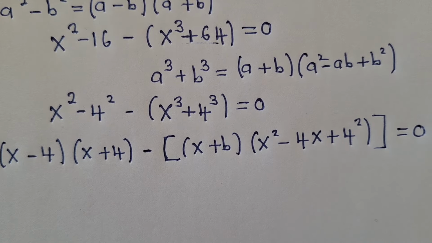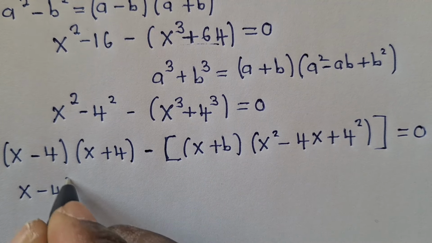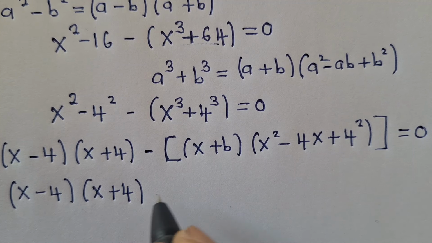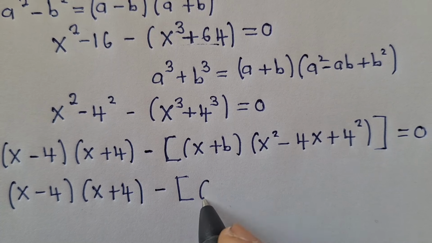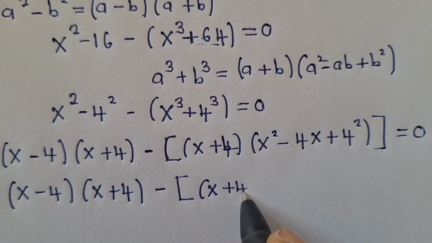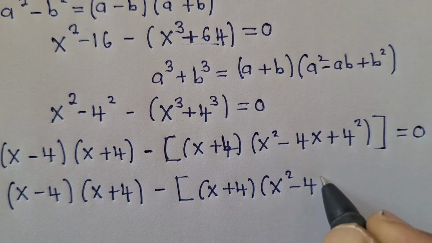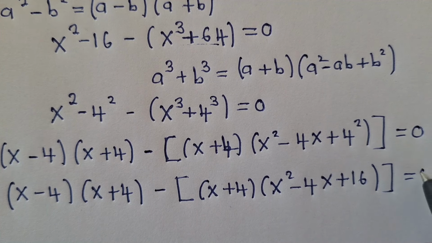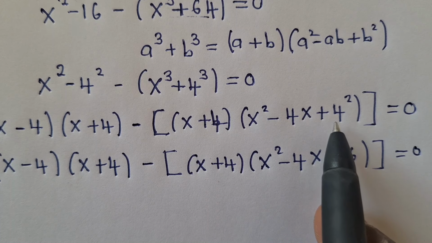Okay, so this is (x - 4)(x + 4) - (x + 4)(x^2 - 4x + 16) = 0. So this 16 is coming about as a result of 4 squared.